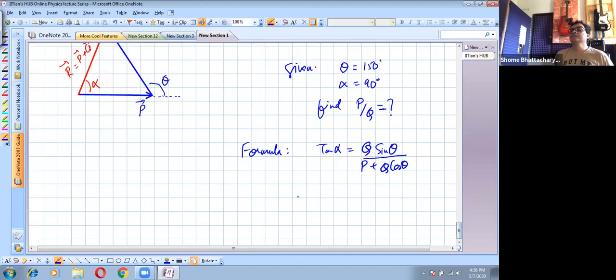Now this tan alpha should become tan 90, so Q sin 150 upon P plus Q cos 150. Now you know that tan 90 is undefined.